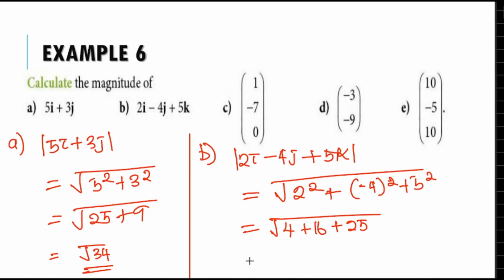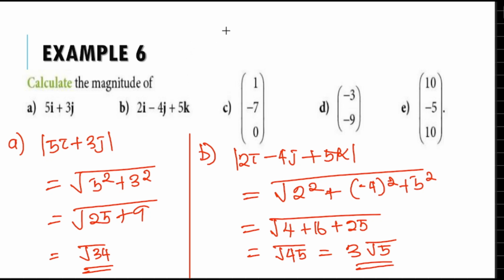So that will be the square root of 45 again, and that is 3 root 5, right? Yeah, because 45 is 9 times 5, the square root of 9 is 3, so take 3 out and then we have 3 root 5. So this is how you compute magnitude.